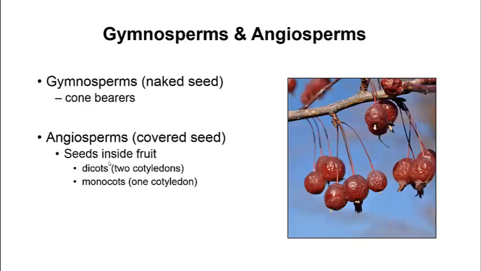There's also gymnosperms and angiosperms. Gymnosperms are cone-bearing plants like spruces and firs and junipers. By definition, the word gymnosperm means naked seed. So these are seeds that are not encased in any fleshy structure. They're not covered. Angiosperms are covered seeds, where the seeds are inside a fruit of some kind. These are further divided into two groups.